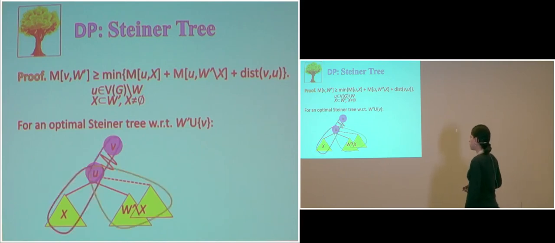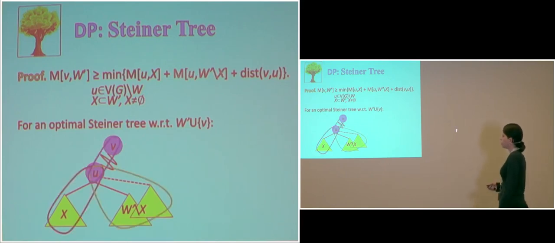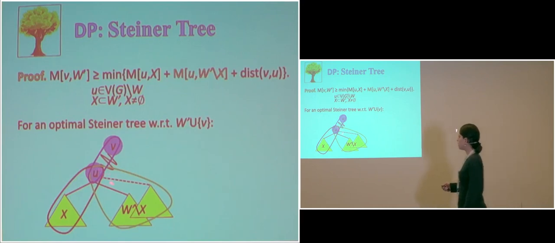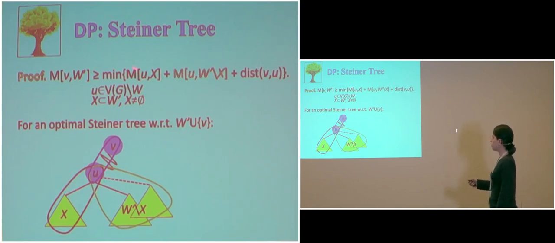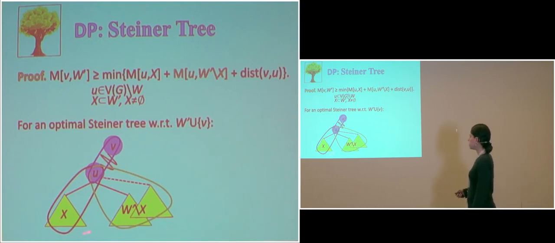Okay. So now let's look at what we got here. So let's look at U and this set X here. So we have U and there was an edge from it to some tree that contained the terminal set X, non-empty and not equal to W prime. So this is precisely what we have here, MUX. So we are using here the inductive hypothesis, and we see that this part corresponds exactly to this.